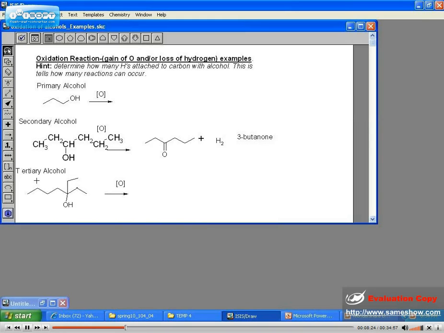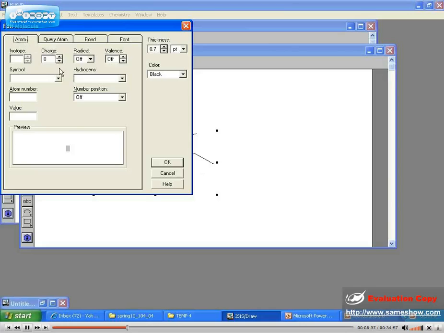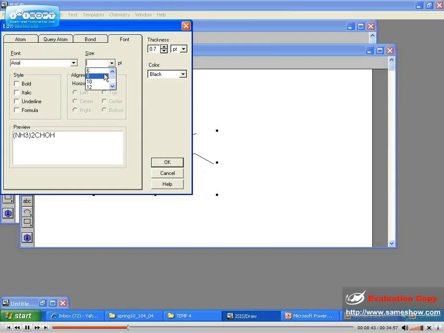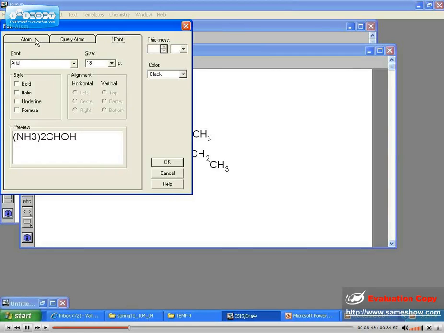I'm going to go ahead, again, circle this. Open up a new sketch. Going to increase the size and show the carbon and hydrogens. Oops, lost my alcohol.